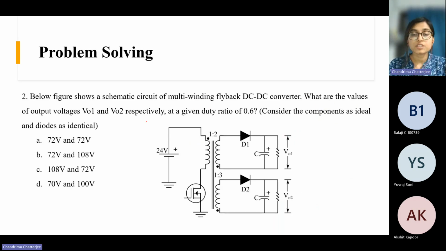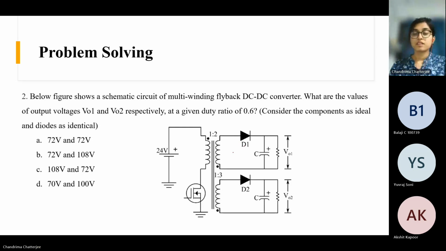So let's see the next question. This figure shows a schematic circuit of a multi-winding flyback DC-DC converter. What are the values of output voltages VO1 and VO2 respectively at a given duty ratio of 0.6? Consider all the components as ideal and the diodes to be identical. Here we studied the flyback converter with one primary winding and one secondary winding.